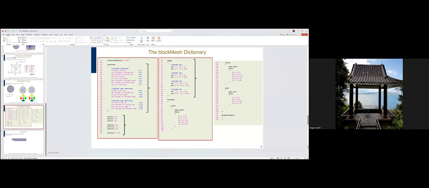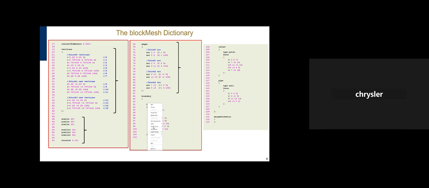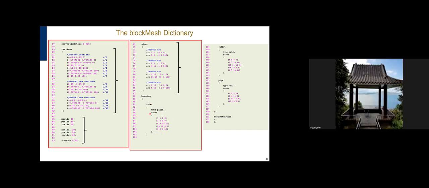This is what your boundaries are supposed to look like. Boundary, call it inlet, the type, call it patch. Patch basically means it's not a wall. These are the faces corresponding to that. Type this in, and make sure the code is exactly this way.